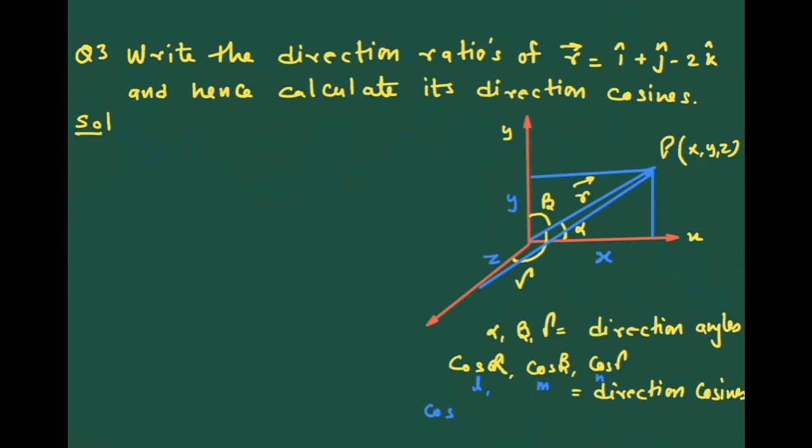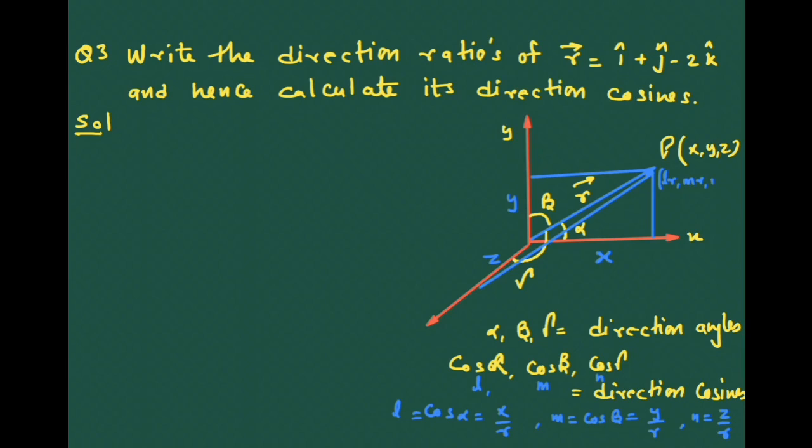So we can define cos alpha, it is equal to L, is equal to x by r. Similarly, M is equal to cos beta is equal to y by r, and N is equal to z by r.